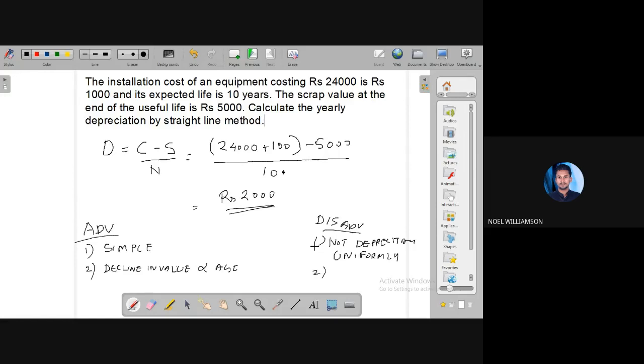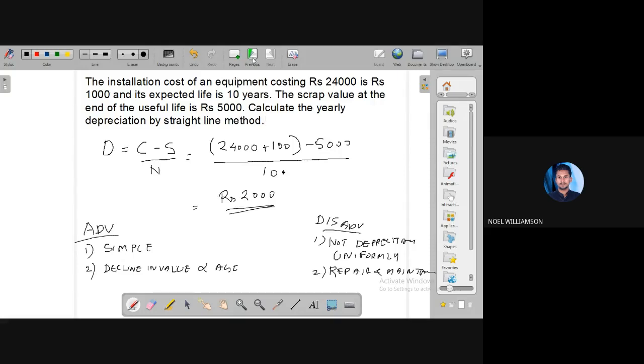That is another thing, repair and maintenance. Repair and maintenance will be increasing yearly, so we have a chance of increased repair and maintenance. That will reflect in this. So these are the main limitations.